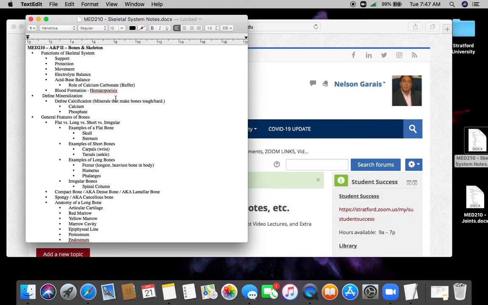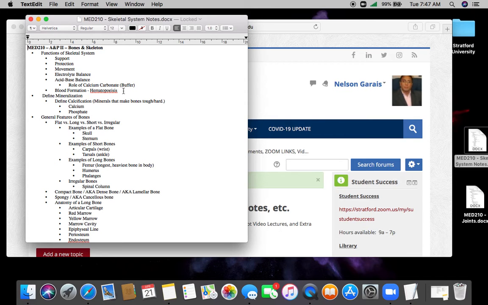But inside bone, you have red marrow and you have yellow marrow. The yellow marrow has a lot of fat, and the red marrow has a lot of blood. And the bones are sources of blood, hence the term hematopoiesis. If you recall your medical terminology, it's the production of hemat, or blood.